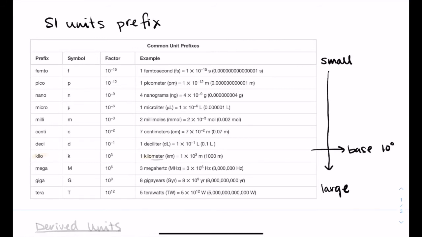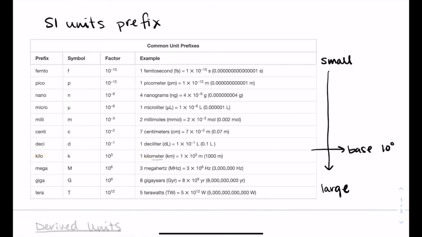And so my kilogram, which is listed here with a factor of 10 to the third, means that there are 1,000 grams in 1 kilogram. Or there's 1 times 10 to the minus third kilograms in 1 gram. We'll be able to use those relationships in whichever direction you personally feel comfortable with. I have no preference on how you use the conversion factor.